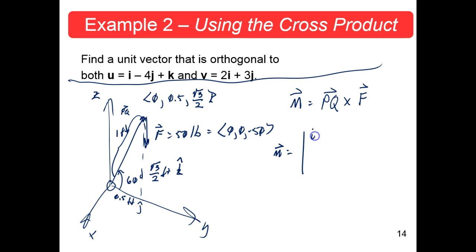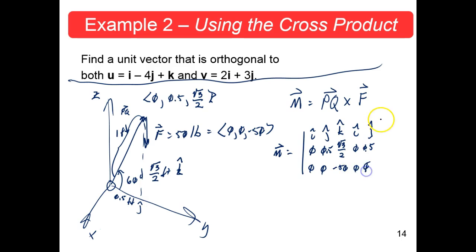So the moment is going to be your determinant. It always starts with i, j, k, repeat the i and the j. Your P was the vector 0, 0.5, and root 3 over 2. Repeat the 0 and the 0.5. Then the force vector is 0, 0, negative 50.